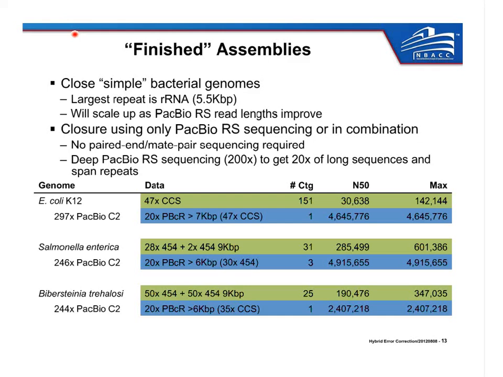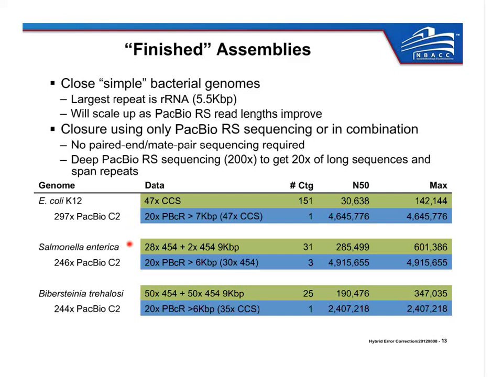So this shows that we've applied this recipe to 3 different genomes with different combinations of data. The first one is E. coli K12, where we were able to close it by using a combination of PacBio sequencing with CCS data. Since then, we've also used 454 and MiSeq data to close the same genome and get the same 1 chromosome, 1 contig assembly.